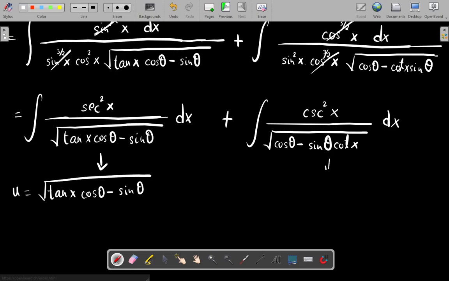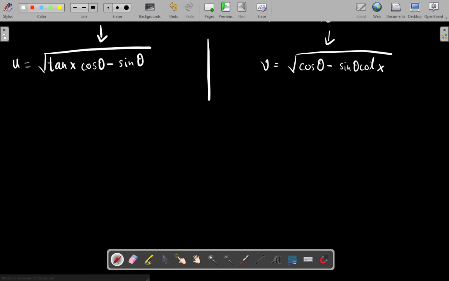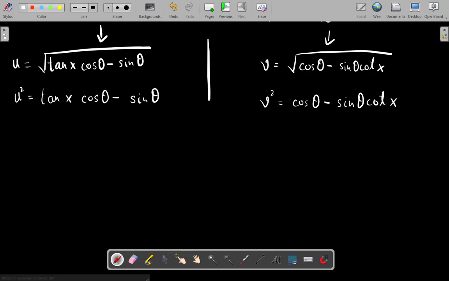Similarly for this one, we take v equal to the square root of cos theta minus sin theta cot x, under root. Okay, so on squaring both sides, we get u square will be equal to tan x cos theta minus sin theta. Similarly here, v square will be equal to cos theta minus sin theta cot x, right?